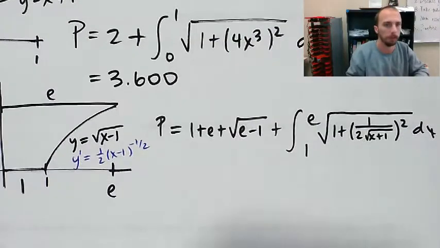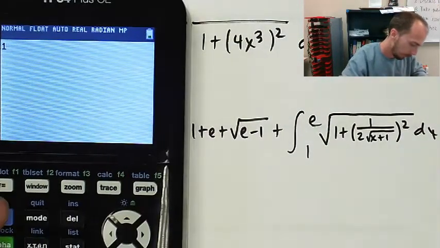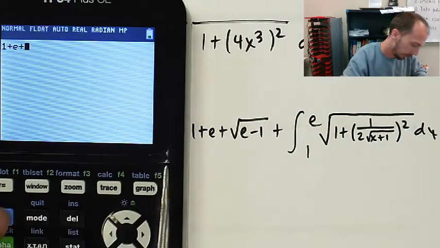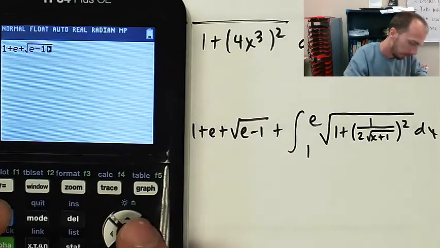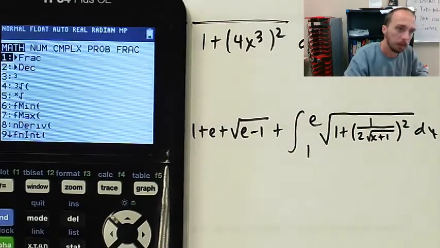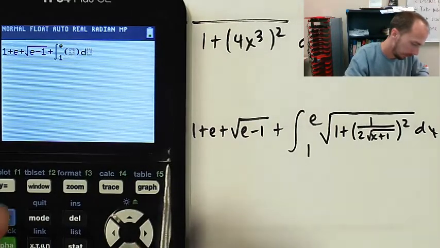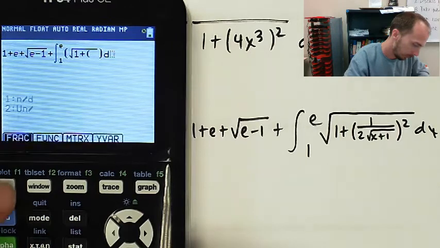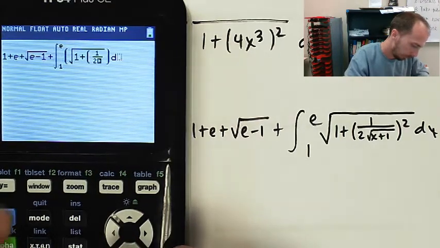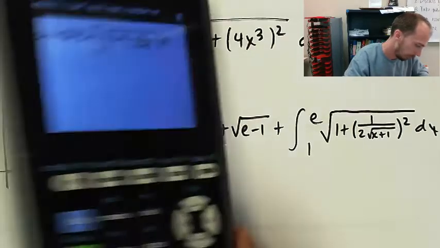Still in my shot, barely. All right. So 1 plus e plus the square root of e minus 1 plus the integral from 1 up to e of the square root of 1 plus dy dx squared, 1 over 2 square root x plus, that's got to be a minus.